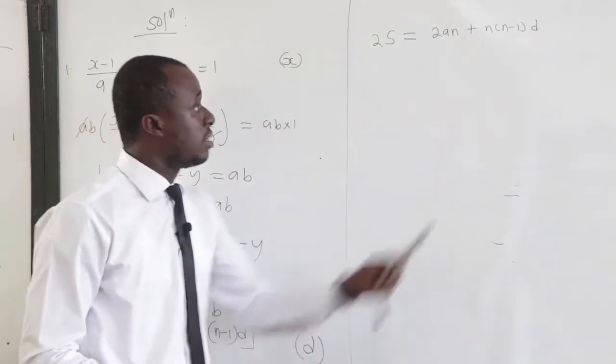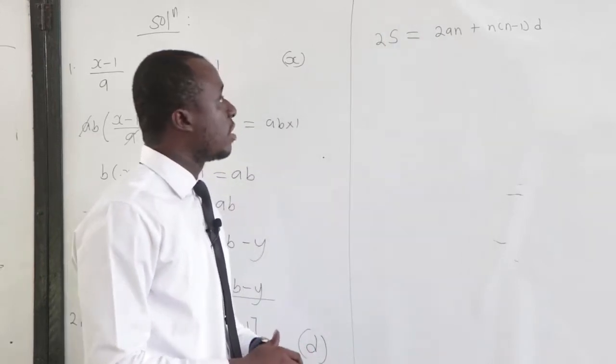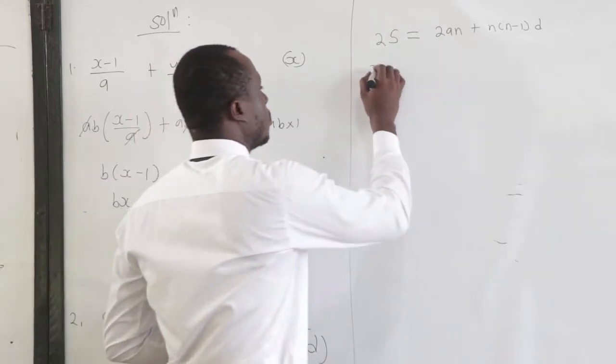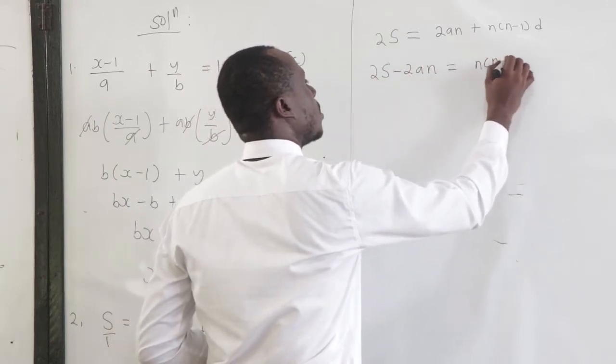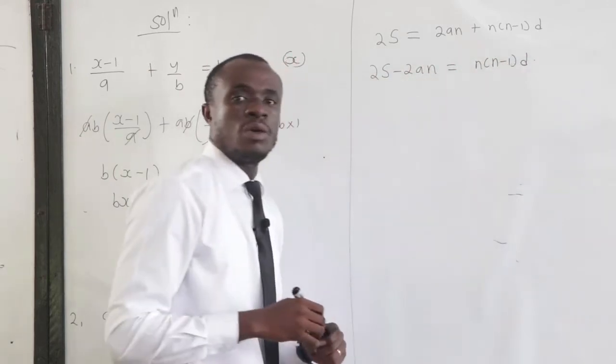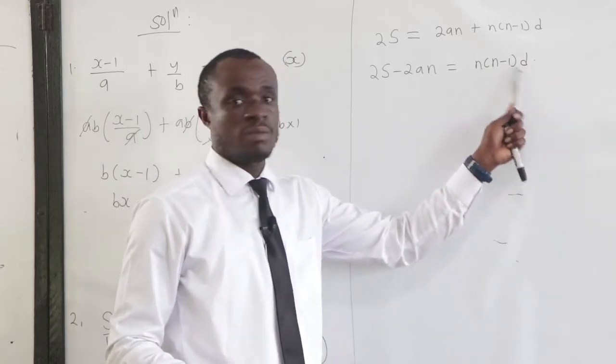We want to make d the subject. What do we do? This 2an has to move to the left hand side. So we have 2s minus 2an equal to n minus 1 d. We want to make d the subject, so we divide by what is multiplying the d, which is n minus 1.